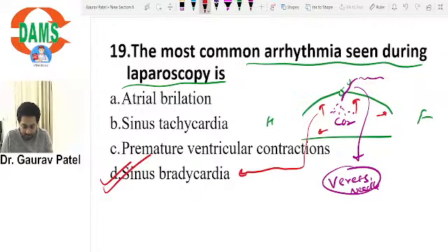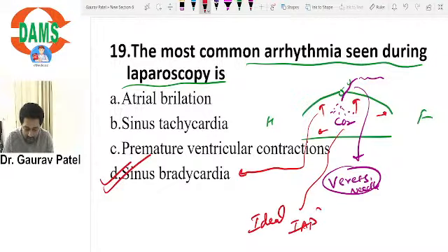Okay, so now if I ask you one or two things, what is the ideal intra-abdominal pressure in laparoscopic surgery? What should be the ideal pressure? I guess there is a question on this. What is the ideal intra-abdominal pressure during the laparoscopic surgery? 10 to 15 mmHg.